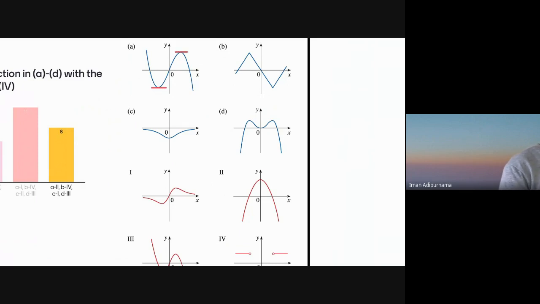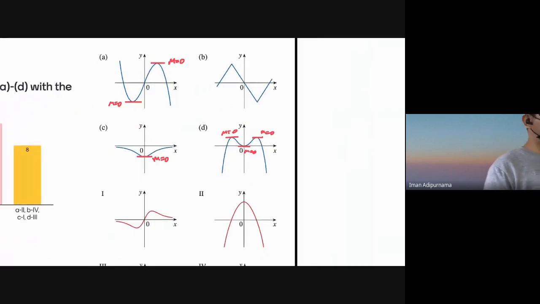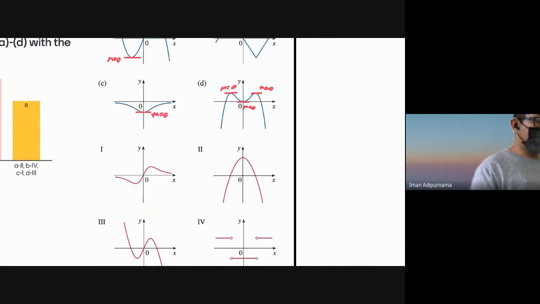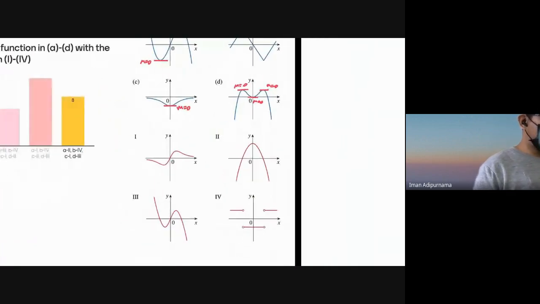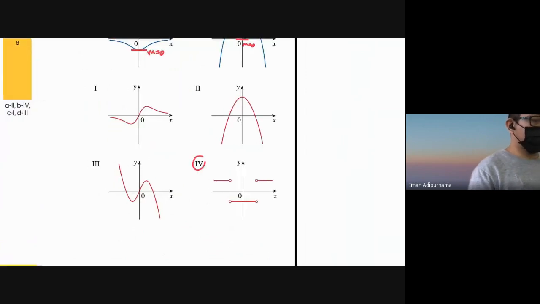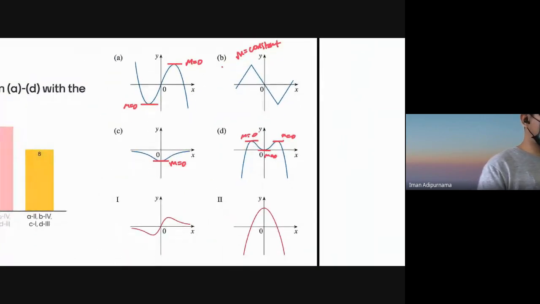That is the 0, 1, right? We can also look at this one and also this. For B, the gradient is a constant, right? There's no change in the gradient. So we can look for the one that has a constant value. It's 4, right? So we can directly say B is 4.